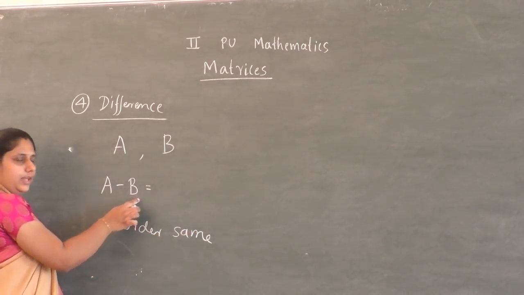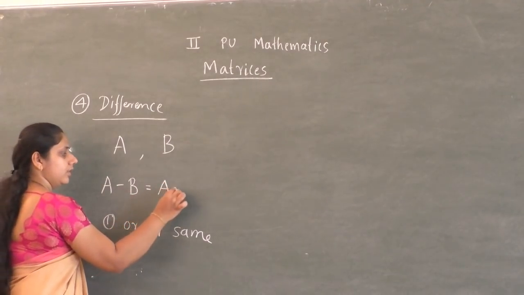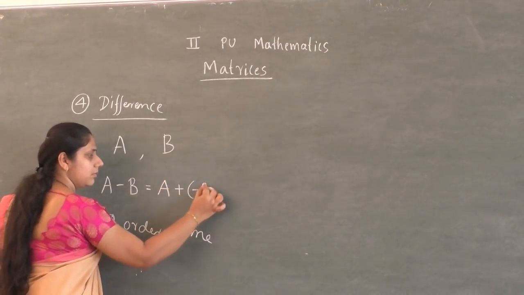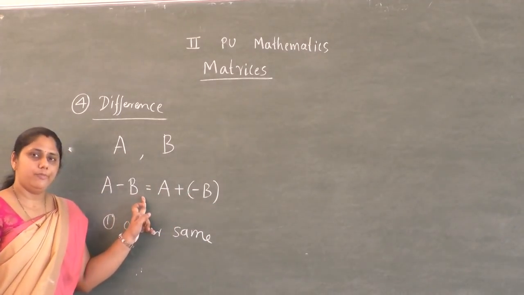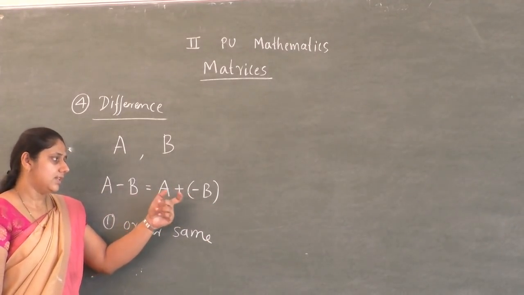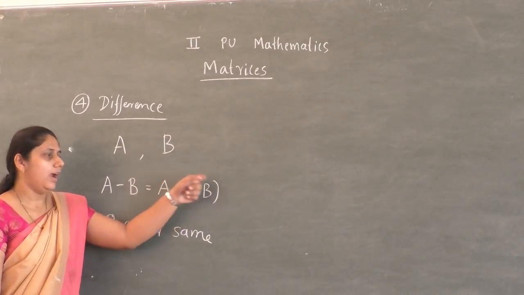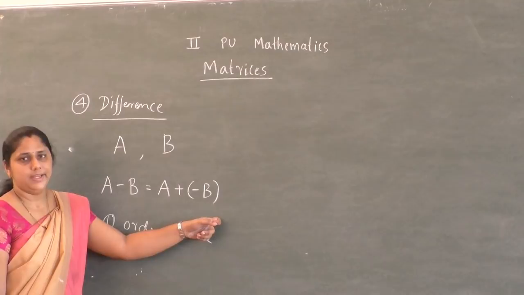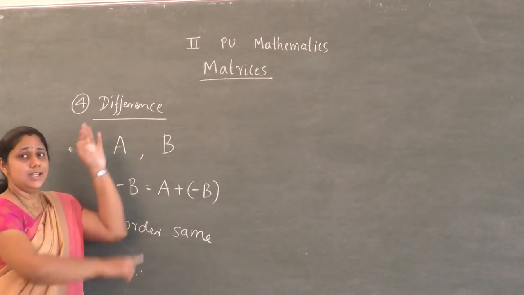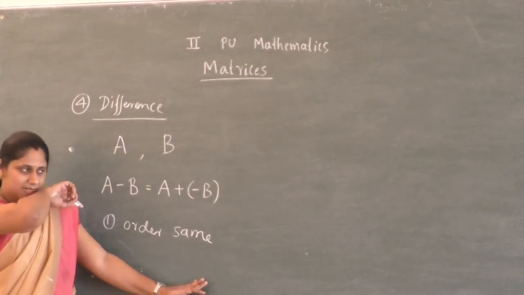Now we write A minus B as A plus minus B, where minus B is the negative of B. Then, same as addition, we add corresponding elements of A and minus B. So this is regarding difference of two matrices.